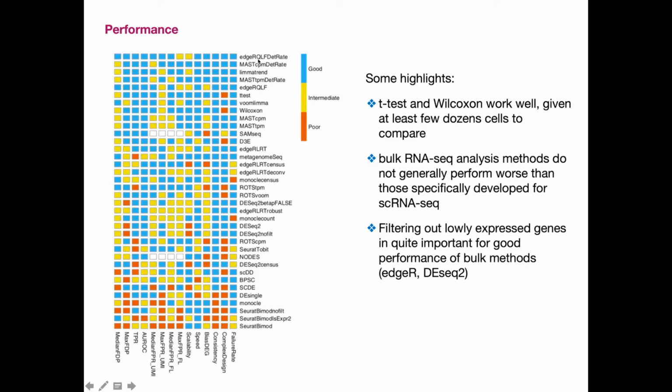And they actually find that edgeR, when you normalize for detection rate, works quite well. Also limma-trend. So these are bulk methods, but they work quite well also for single cell data, also masked, either with TPM or counts per million.